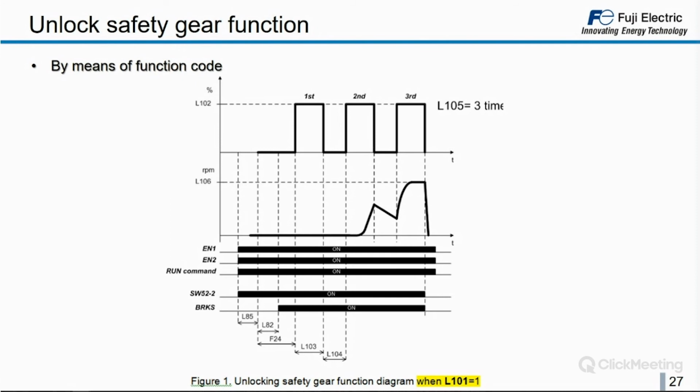This means that the inverter will apply 180% of the torque or current 3 times during the time specified in parameter L103. And by means of these shocks, the inverter will try to unlock the lift.